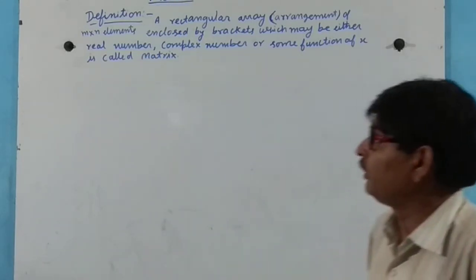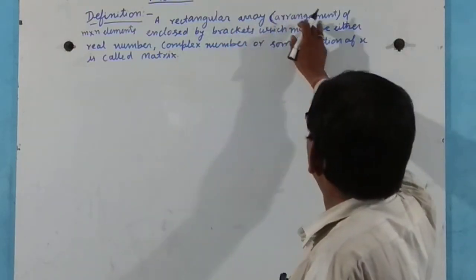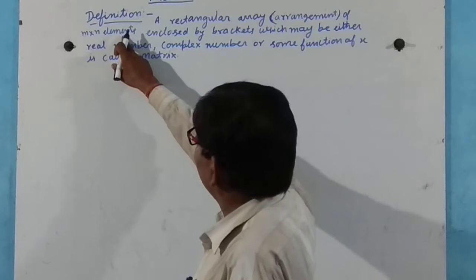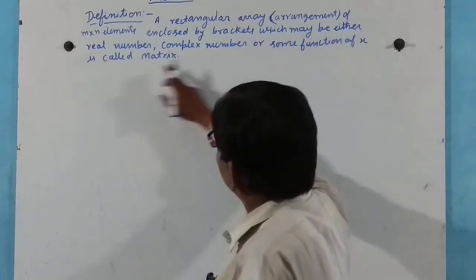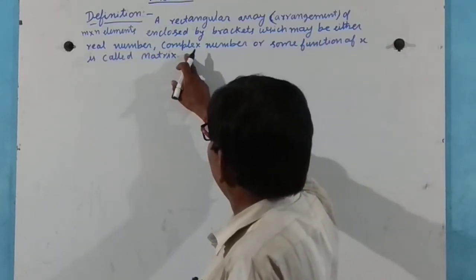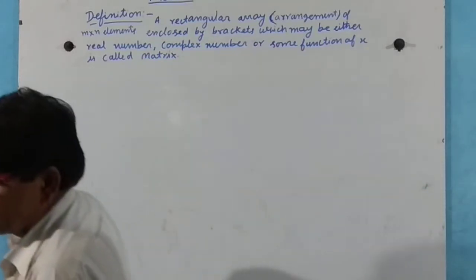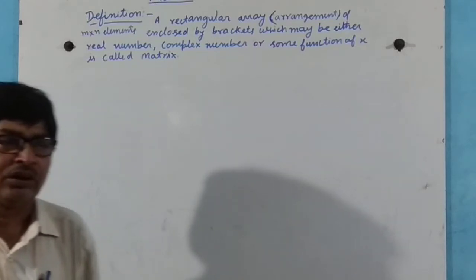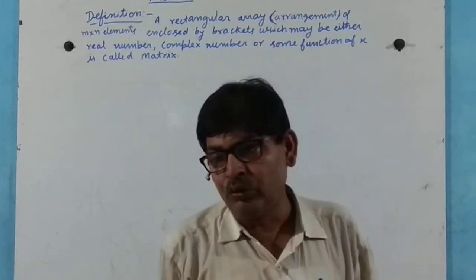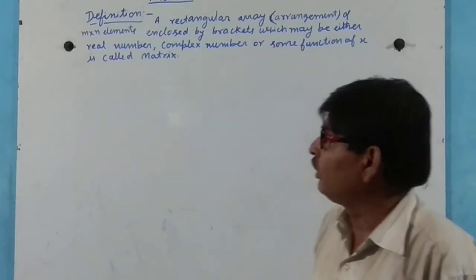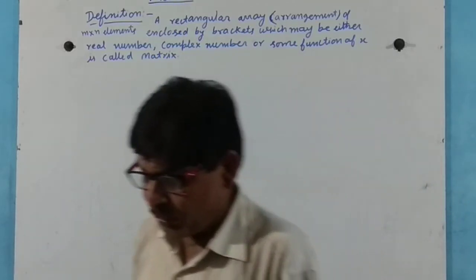Here, a matrix is a rectangular array arrangement of m cross n elements enclosed by brackets, which may be either real numbers or complex numbers or some function of x, is called the matrix. Whereas we have to study the determinant that gives us some values, but here it is only an arrangement for different types of purposes.